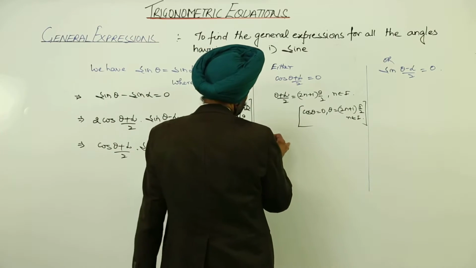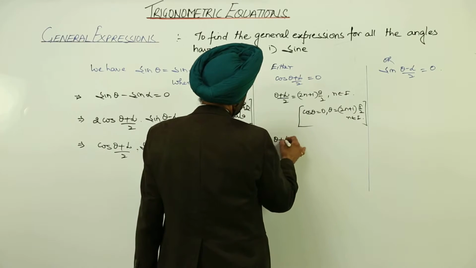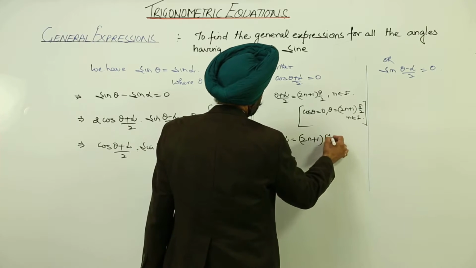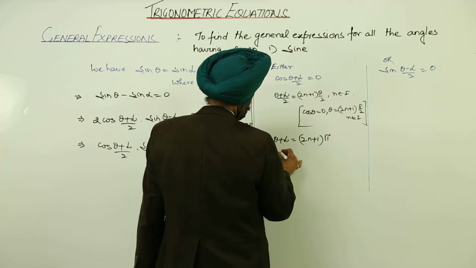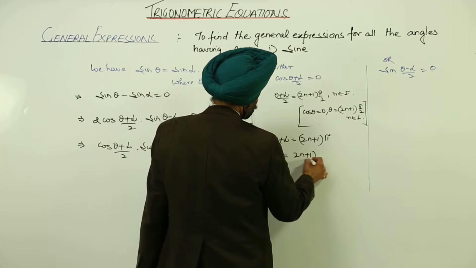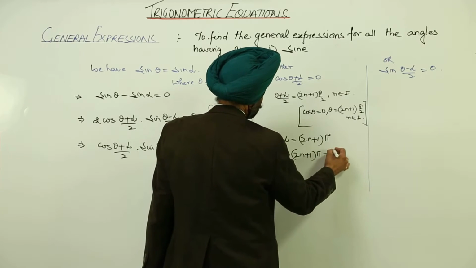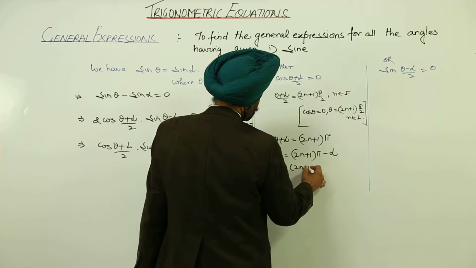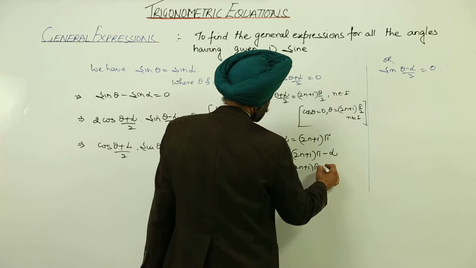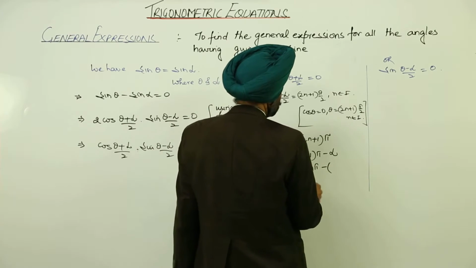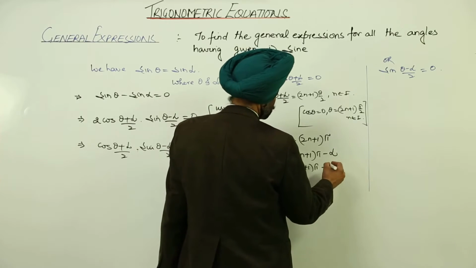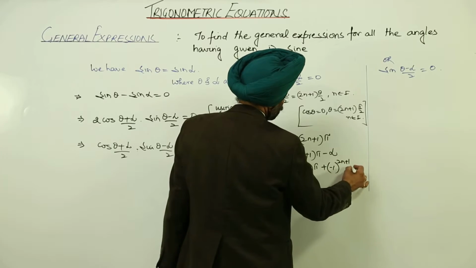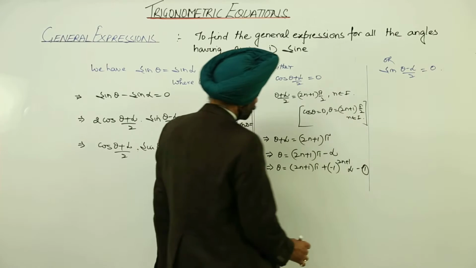Now theta plus alpha is equal to (2n plus 1) pi, so theta is equal to (2n plus 1) pi minus alpha, which is theta equal to (2n plus 1) pi plus (minus 1) raised to power (2n plus 1) alpha. Let this be 1.